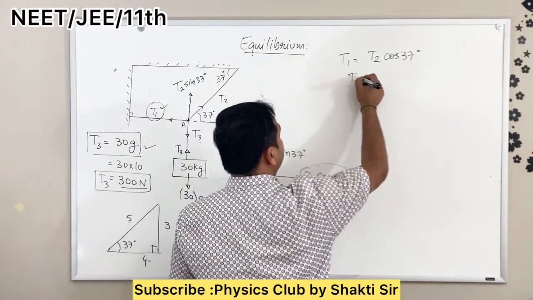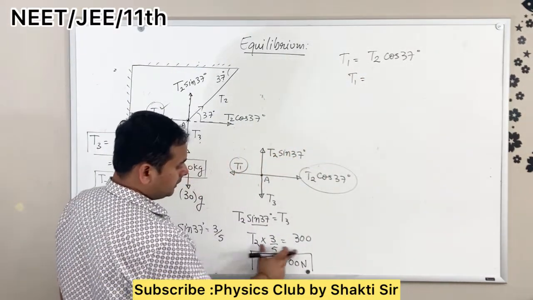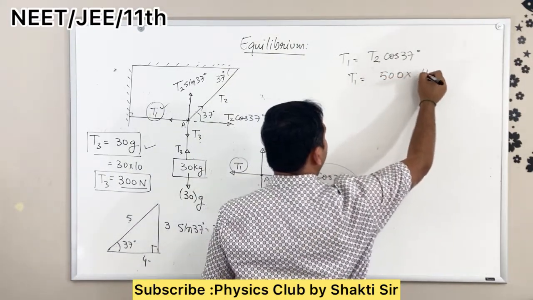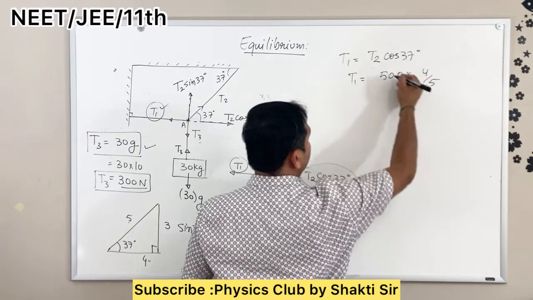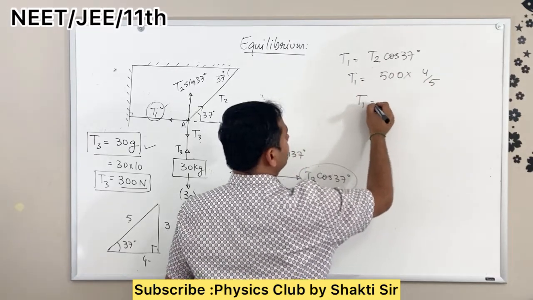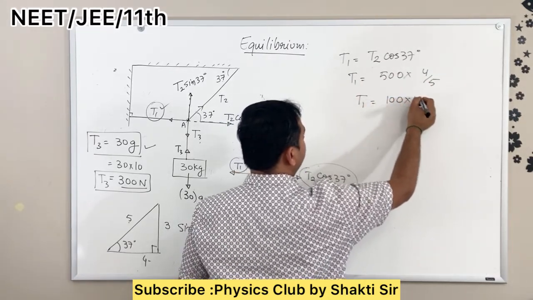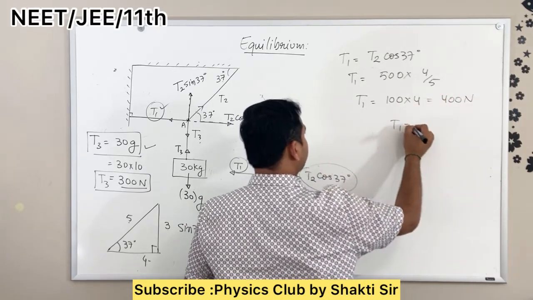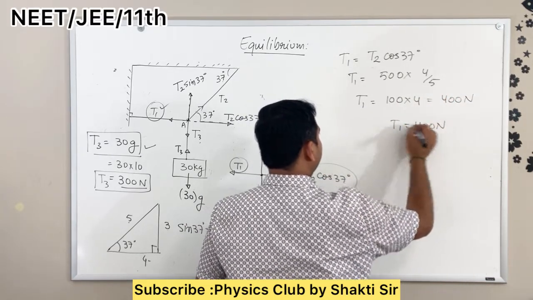So T1 equals T2, T2 equals 500 Newton, 500 Newton and 4 by 5. 5 terms cancel each other. So it becomes 100 into 4, 400 Newton. So T1 equals 400.